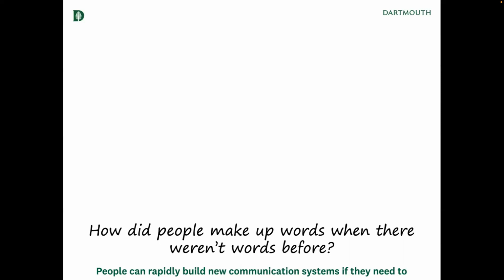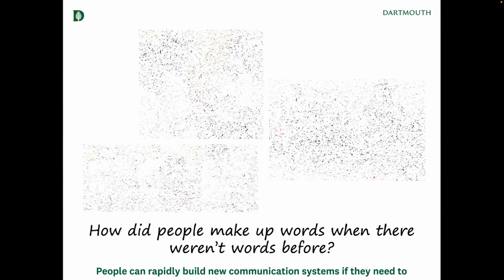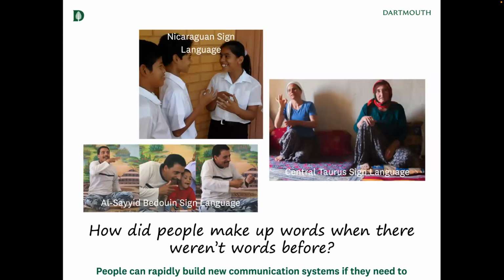It's arguably also this ability that allows us to communicate even without language, or in fact, invent new ones. This is a quote from a granddaughter of a famous linguist, Ray Jackendoff: How do people make up words when there weren't words before? And even human children can do this. In fact, some sign languages were created by deaf children of hearing parents who spoke only a verbal language.